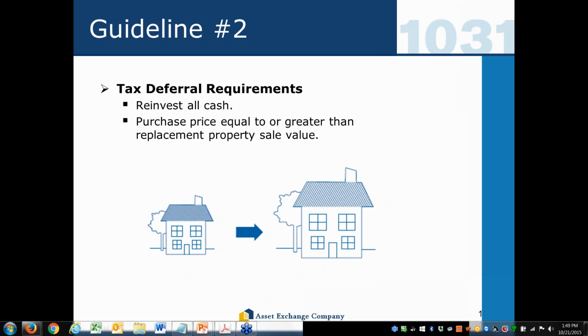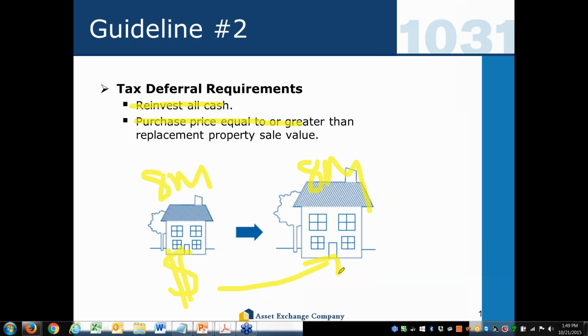I don't care what you want to buy. I'm telling you what the government says you have to do in order to defer your taxes. If you sell for $8 million, you need to buy for $8 million or more. All of the cash generated from the sale is used as a down payment.